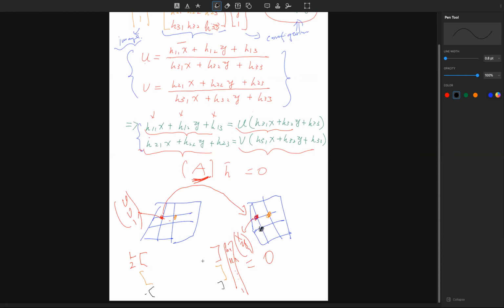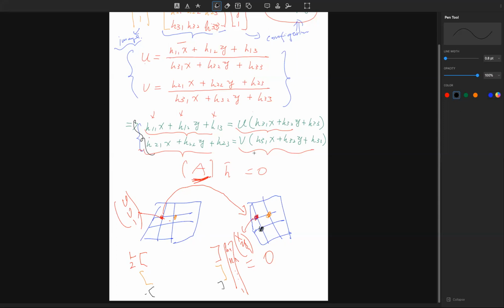And then you just solve that. You need to think about how you actually convert something like this into these two lines, where the H are your unknowns, and these two lines correspond to these two equations.